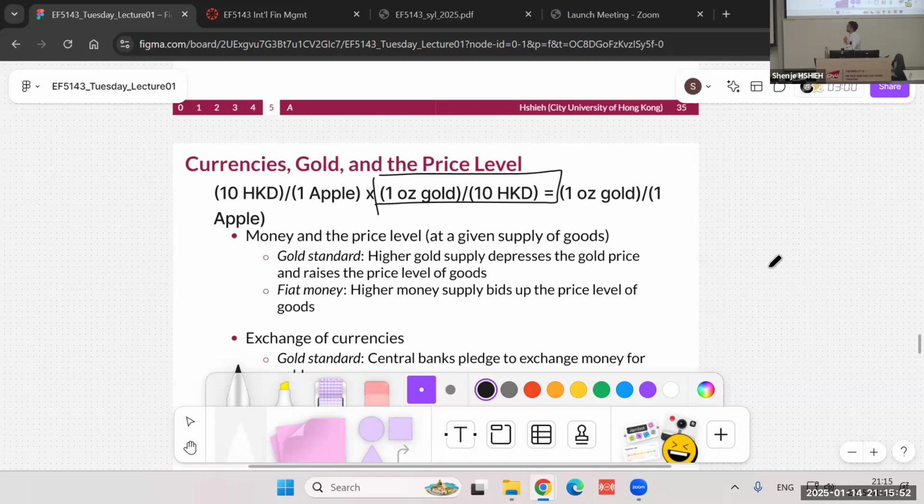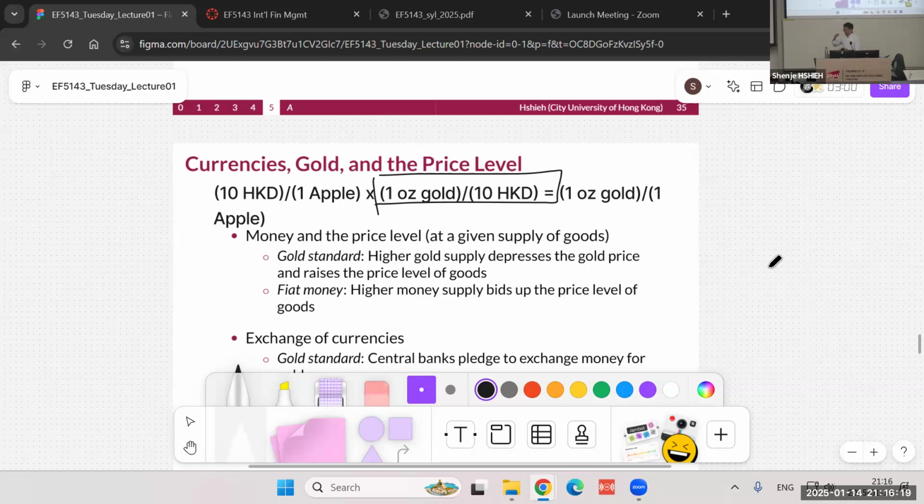Now, if a trader, let's say a fruit vendor from a different country, decides to buy apples from Hong Kong, what they will need to do is somehow find a way to get Hong Kong dollars, right? That's the only way to buy apples in Hong Kong. So what will they bring over? They're going to bring over gold, right?